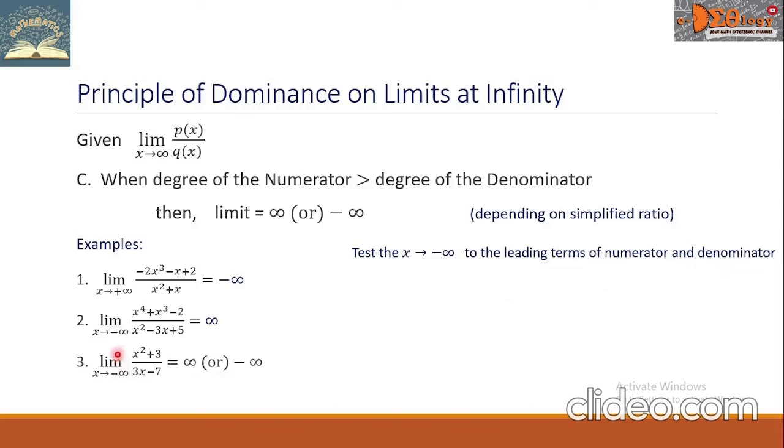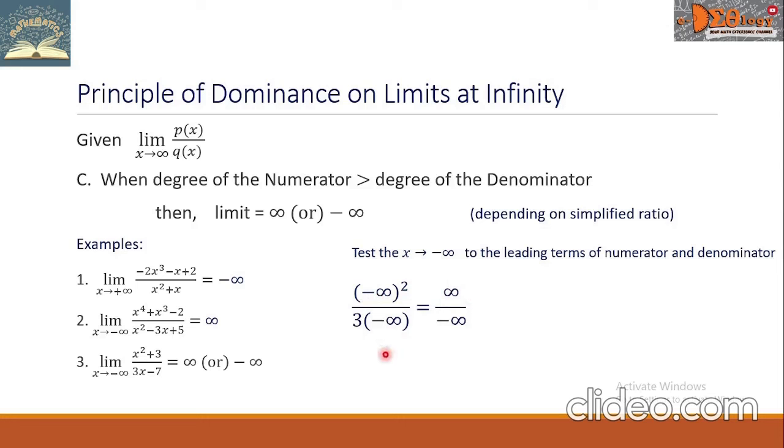In the numerator, the leading term is x squared. In the denominator, the leading term is 3x. So, negative infinity raised to 2, all over 3 times negative infinity. In the numerator, the square of a negative number will be positive, and that is simply infinity.